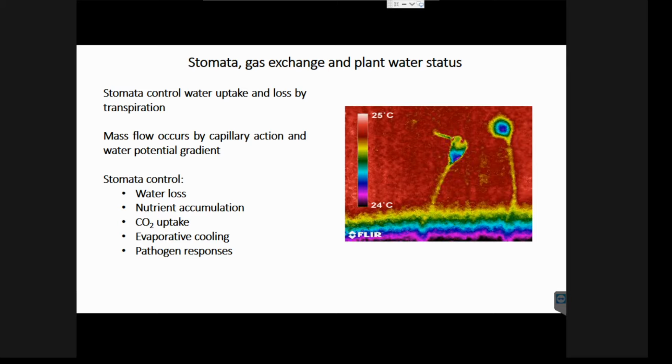I started off working on stomata in moss, but the processes are the same, whether you're talking about a tiny moss with a few stomata on its capsule or a huge maize plant with millions of stomata.